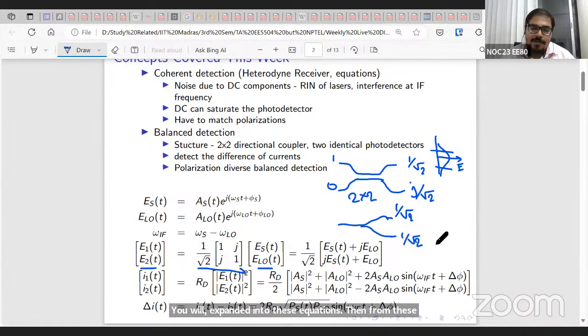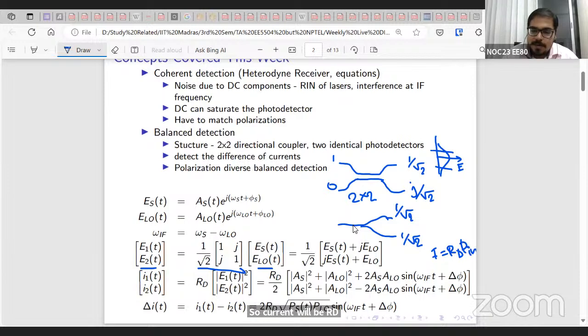Currents are coming from that week 8 equation, how the photodetectors work. So current will be RD times optical power in, and optical power in turn is proportional to the electric field mod square.